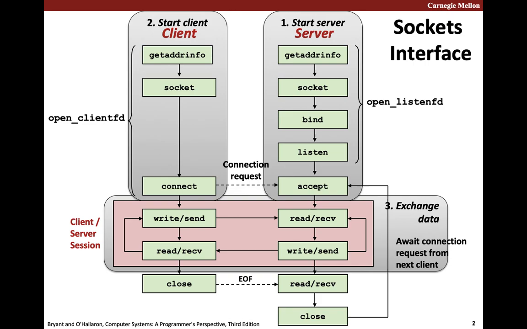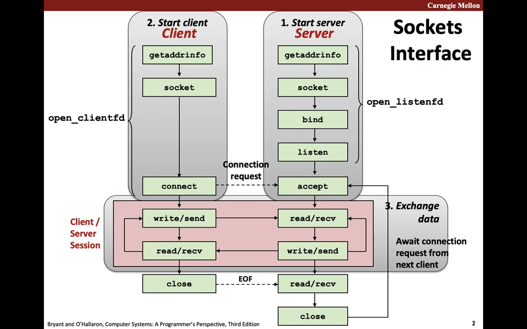I'll mention here, once you have this connection established, or this communication established more generally speaking, you can send in both directions. Typically the client is going to begin sending first, but really it can happen in any order.